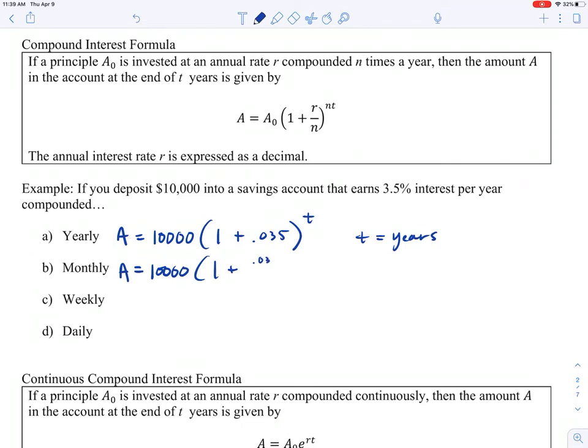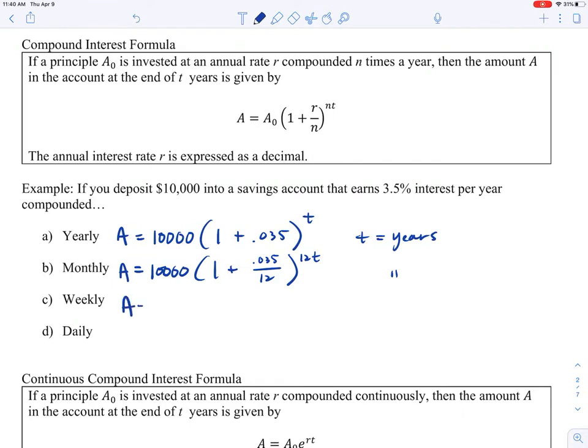So our initial amount is the same, but we're going to divide 0.035 by 12 and then multiply t by 12. And t is still in years.